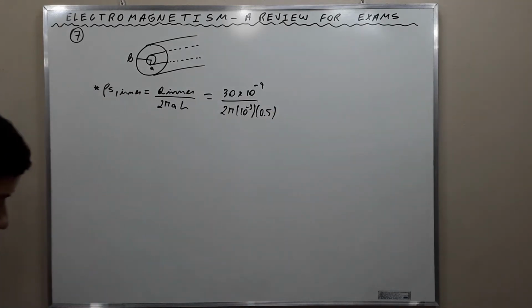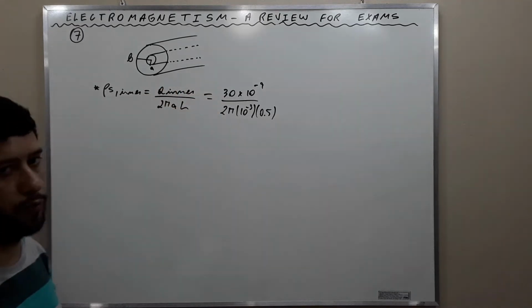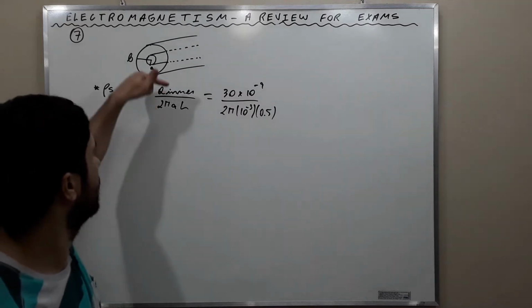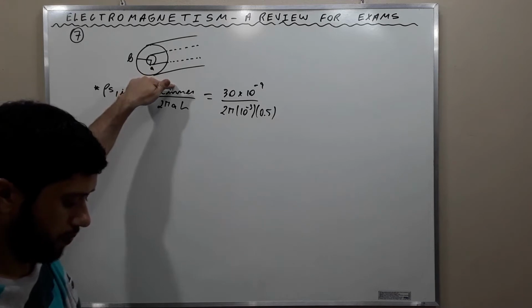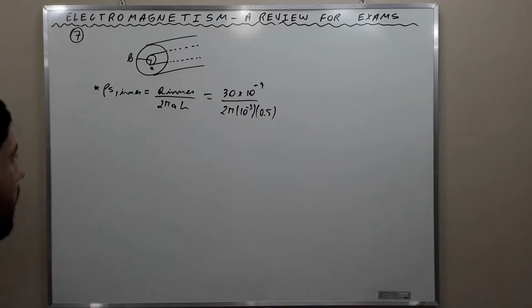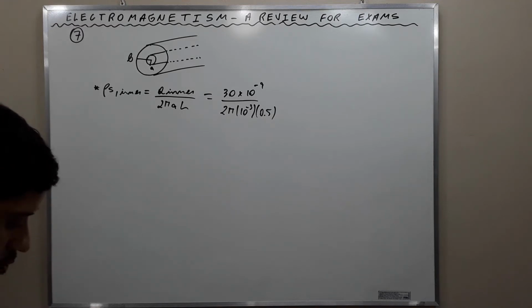Okay, because the exercise says that the length of the cable is 50 centimeters, the charge on the inner conductor is 30 nanocoulombs, and the radius of the inner conductor is 1 millimeter.